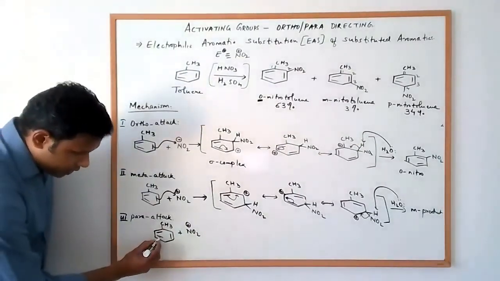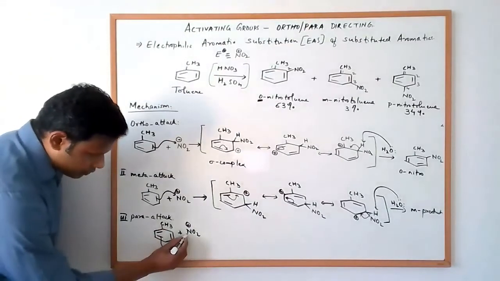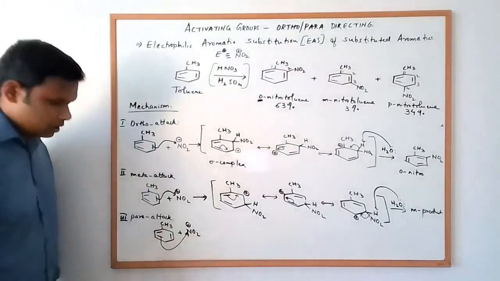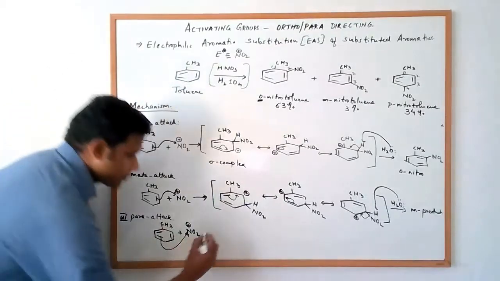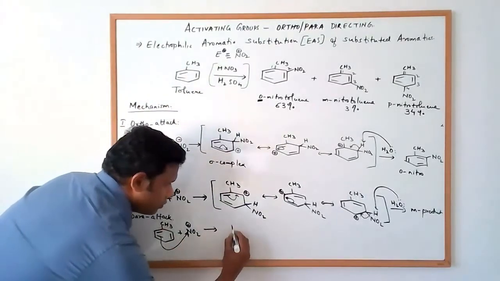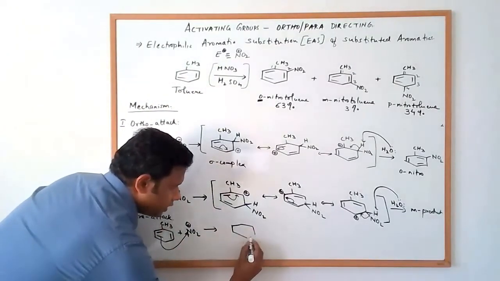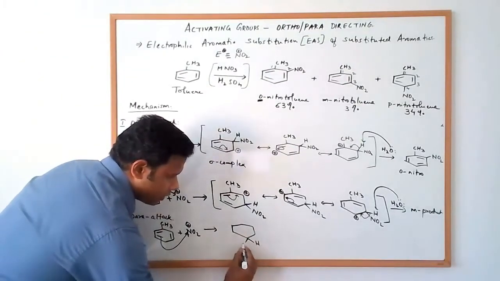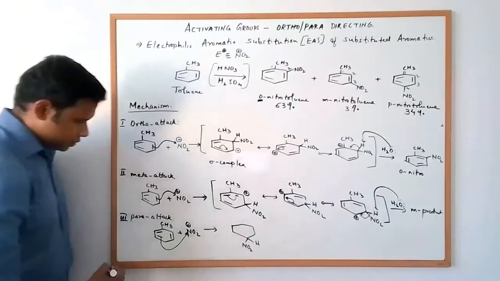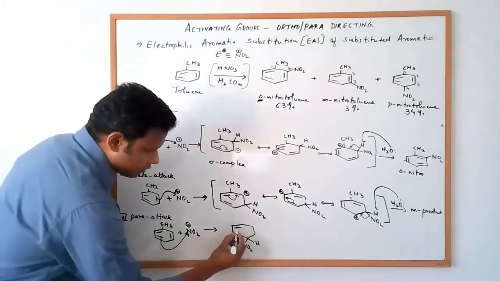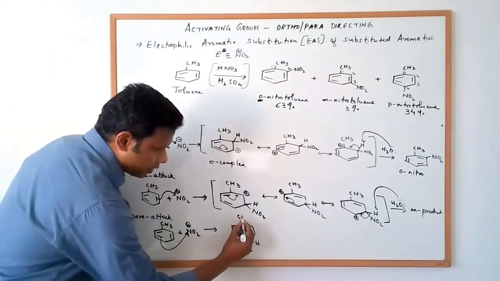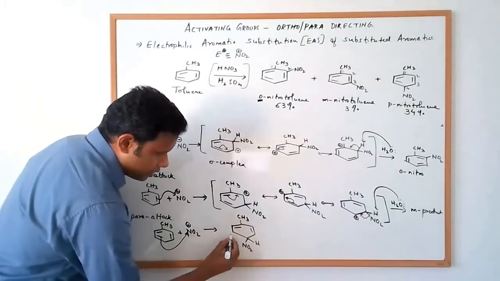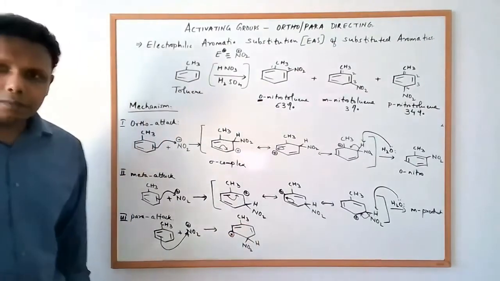And the only pi bond that does so is this pi bond. So I'm going to use this pi bond to attack the nitronium ion. And very similar to the other cases here, this is going to give us a sigma complex where we now have the nitro group connected to the para carbon. We have a double bond here, and a methyl group here, and a positive charge here.